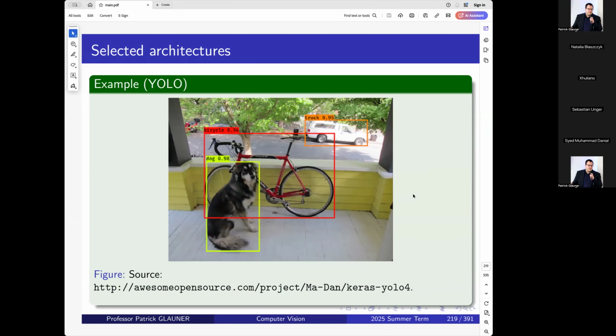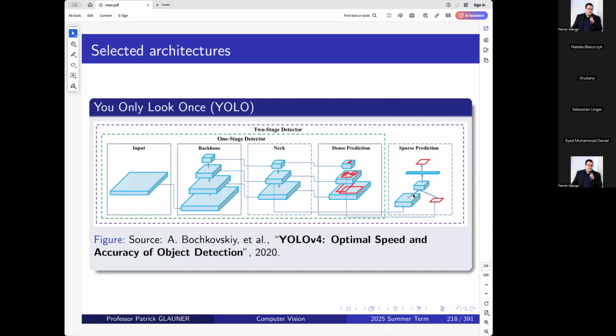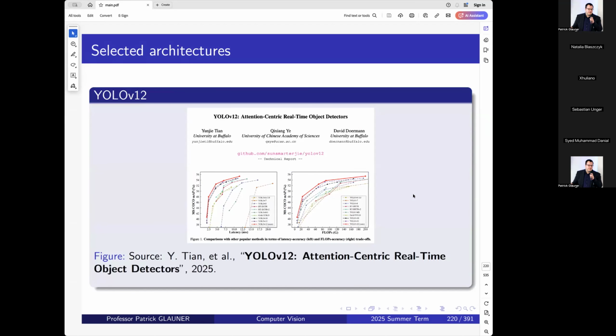And this was YOLO version 4 from 2020. And since then, lots of new versions of YOLO have appeared. Just recently, version 12 appeared. There was a paper about this just very recently when I prepared this course in March, with an even better version of YOLO.